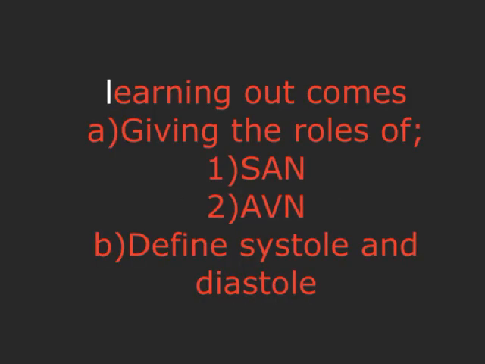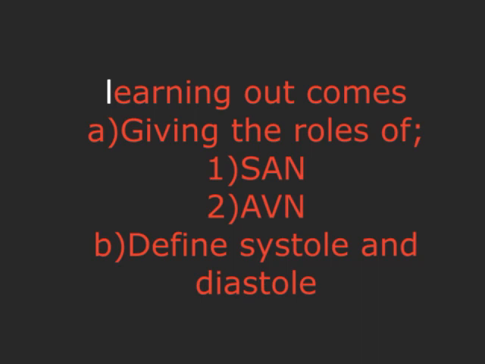By the end of this lesson, make sure that you can at least state the role of the SAN and the role of the AVN. Then you should be capable of differentiating between systole and diastole, and giving the definition of systole and diastole.